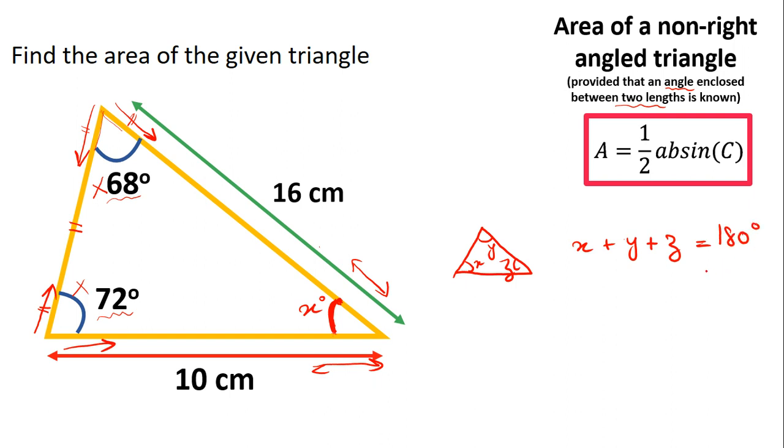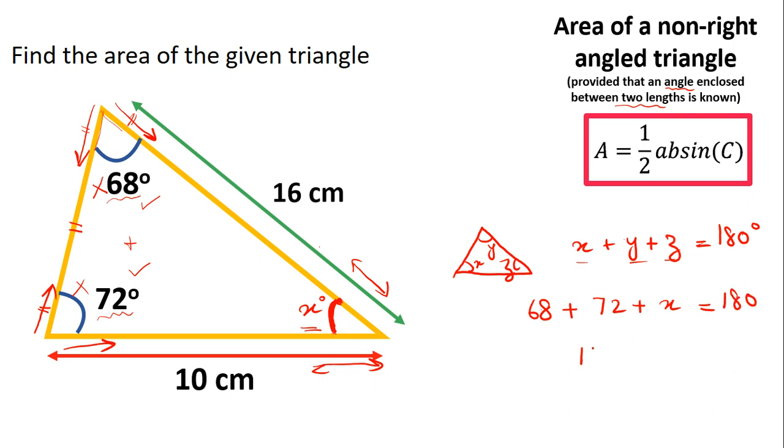This is a basic property of triangles, that the three angles in a triangle are equal to 180 degrees, which means that if I have two angles and want to find the third one, I could add these two angles and then subtract them from 180, and it would give me this x. So if I write this down, 68 degrees plus 72 degrees plus the unknown angle x equals 180.